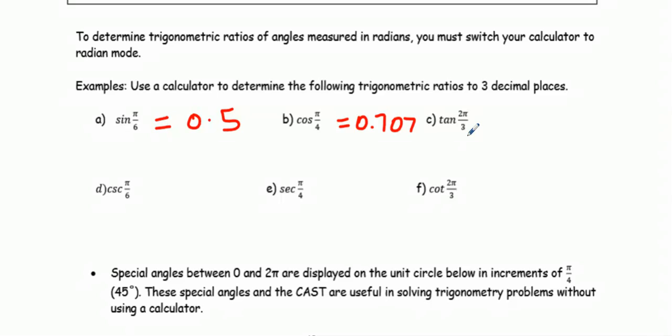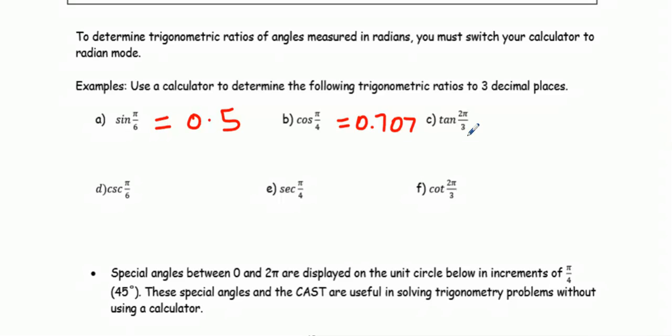Now, the tan of 2 pi by 3. If I put 2 pi in, be careful, sometimes it doesn't let you put in 2 pi, you have to put 2 times pi, so you'll get to know your calculator. Divided by 3, so 2 pi over 3, that's about 2.09 radians, and that's going to be more than 90 degrees.